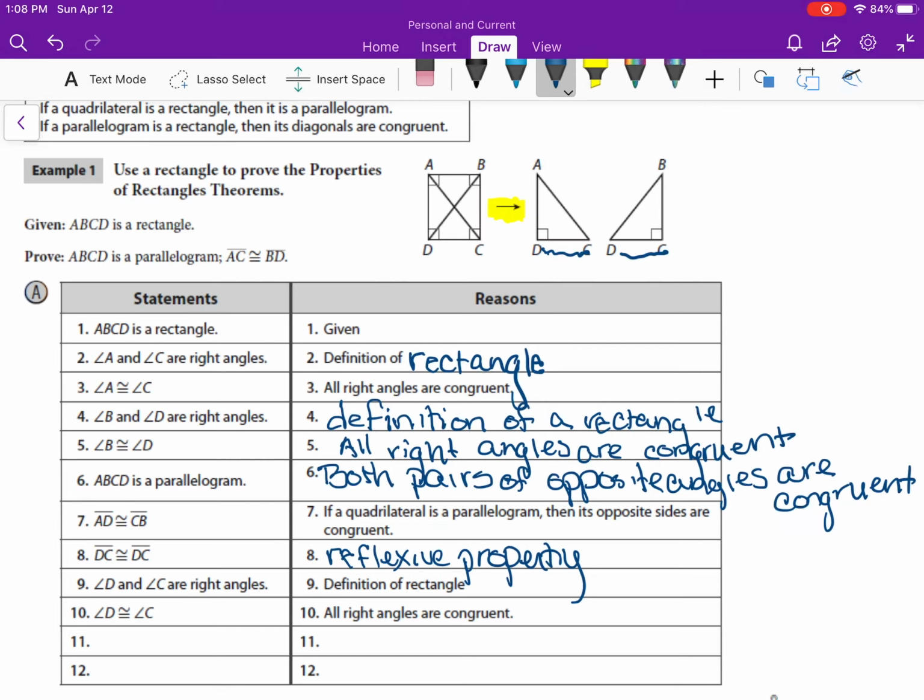Now we can show that ADC is congruent to BCD by side angle side. And this is by our side angle side congruency.